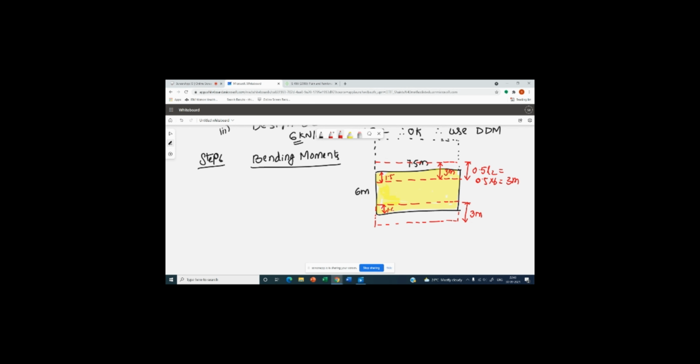So what will be the width of middle strip? Middle strip width will be 3 meters. So along the 7.5 meter, the width of middle strip as well as the width of column strip is same, 3 meters. Both are 3 meters wide. So this is how we have found along 7.5 meters length.